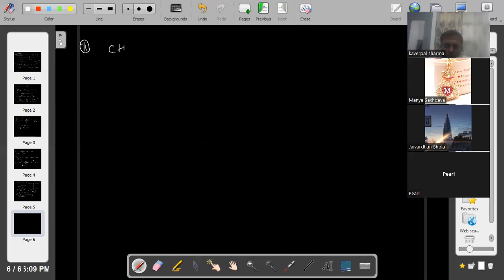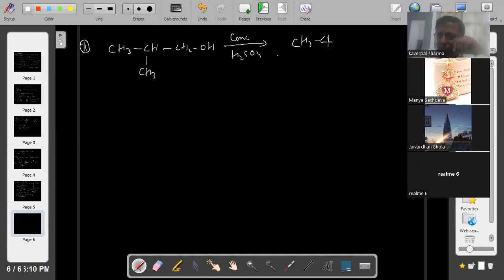Next, CH3CH(CH3)CH2OH. Here is concentrated H2SO4. Then what will you get, and how does this happen? In this case, the compound you will get is this.